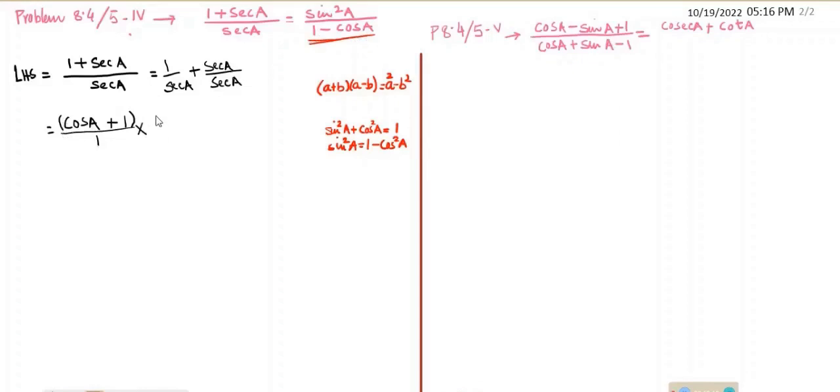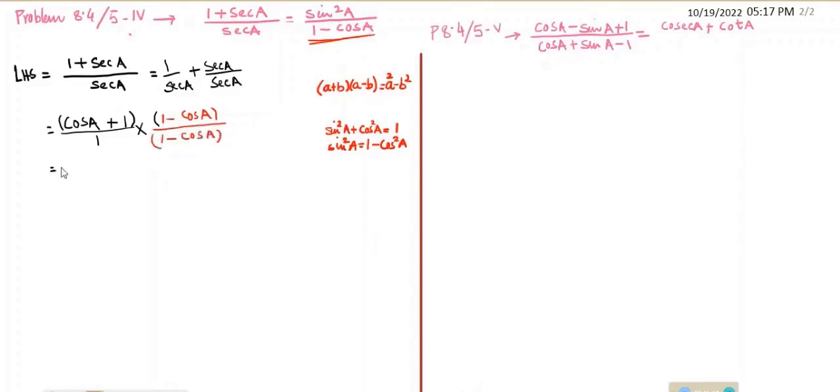Notice that 1 minus cos a appears in the denominator of the right hand side. We have to multiply both numerator as well as the denominator by 1 minus cos a.